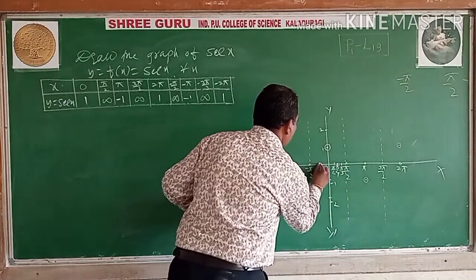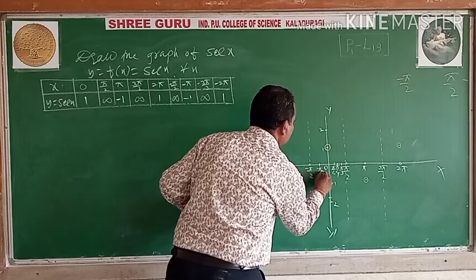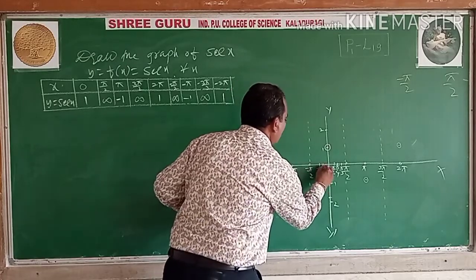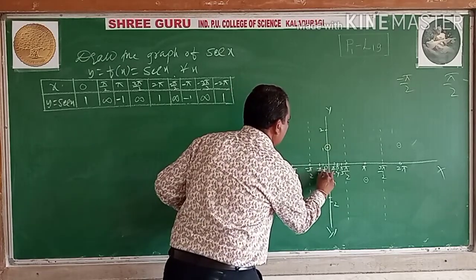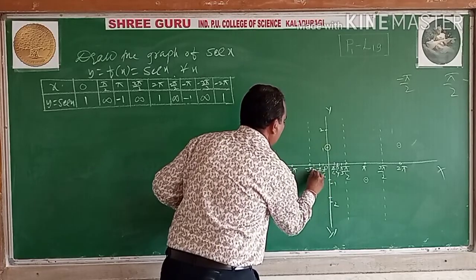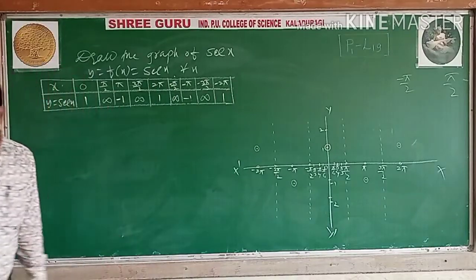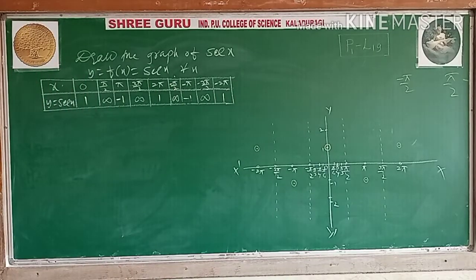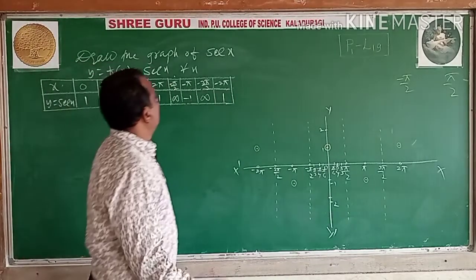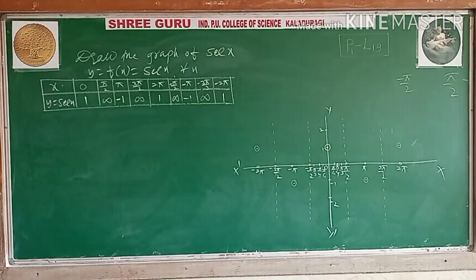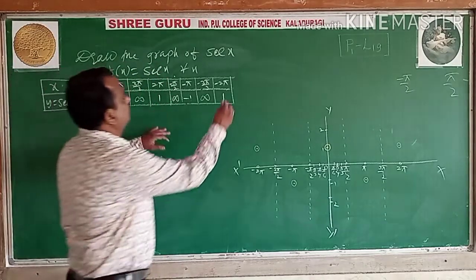Negatives of these: minus pi by 4, minus pi by 6, minus 30, and minus pi by 3, 60 degree. Now see, now come to these values here.